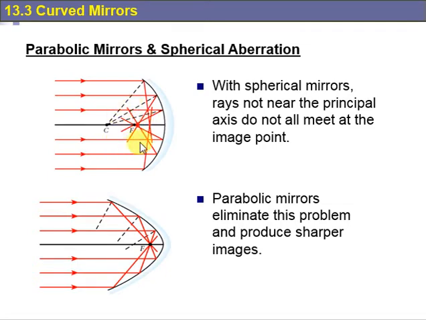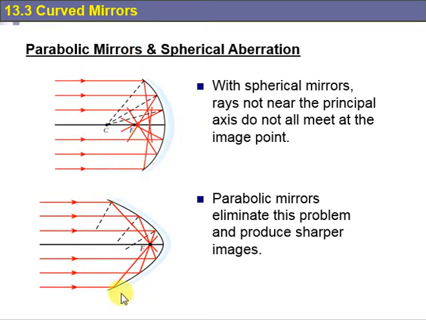So to avoid this phenomenon, this spherical aberration, in some important devices, for example telescopes, what do we use? We use something called a parabolic mirror. The parabolic mirror, from its name, is a section of a parabola, not like a spherical mirror, which was a section of a sphere.